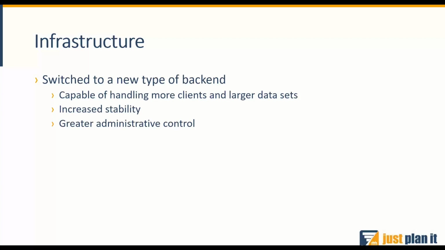This new infrastructure is capable of handling a lot more clients simultaneously with larger data sets overall, and has increased stability. With the greater administrative control that we have, we can make sure that even if something happens, nothing blocks the server entirely, which might have happened in the old structure.